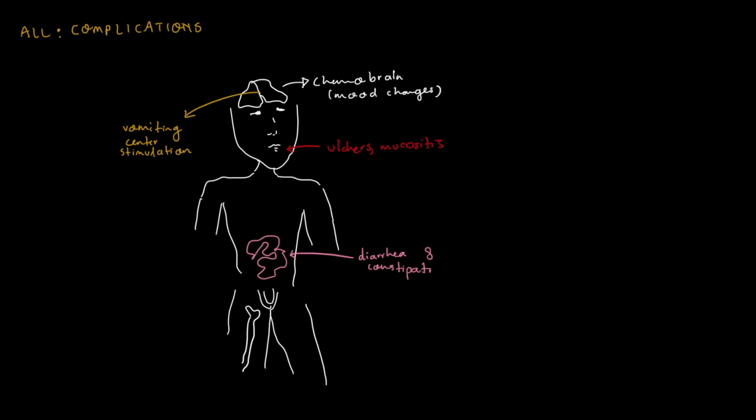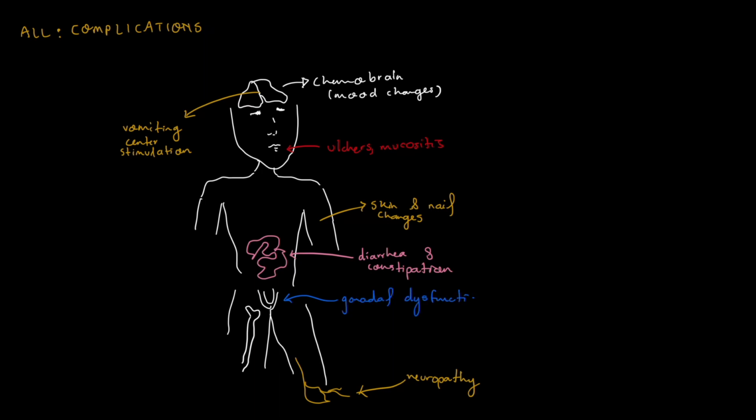Also, we can have stimulation of the vomiting center, diarrhea, and constipation. By the same affecting of the mucosa, skin and nail changes. Neuropathy can also be referred by patients. In gonadal dysfunction, in women, it's going to be seen as anovulation and premature menopause.